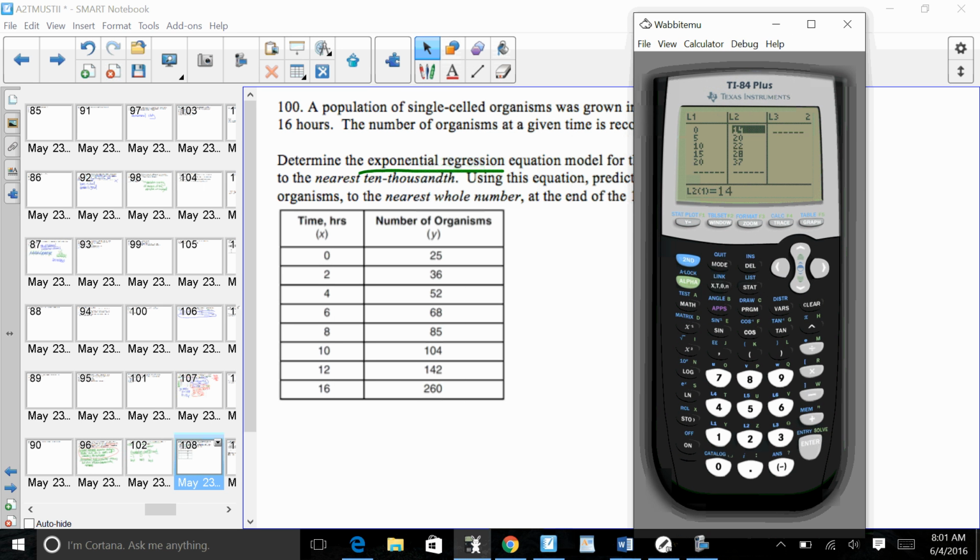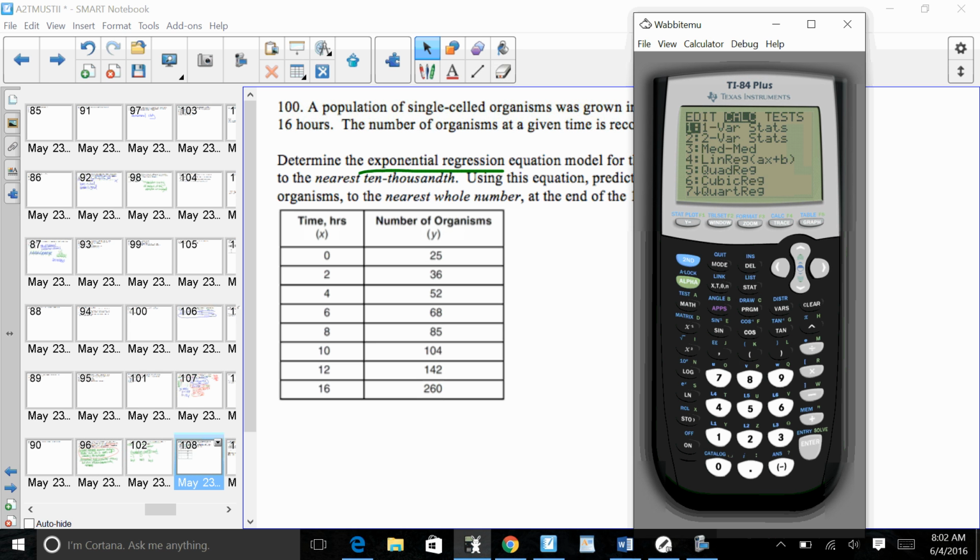Stat, edit, clear this out, and enter 0, 2, 4, 6, 8, 10, 12, 16, 25, 36, 52, 68, 85, 104, 142, 260.